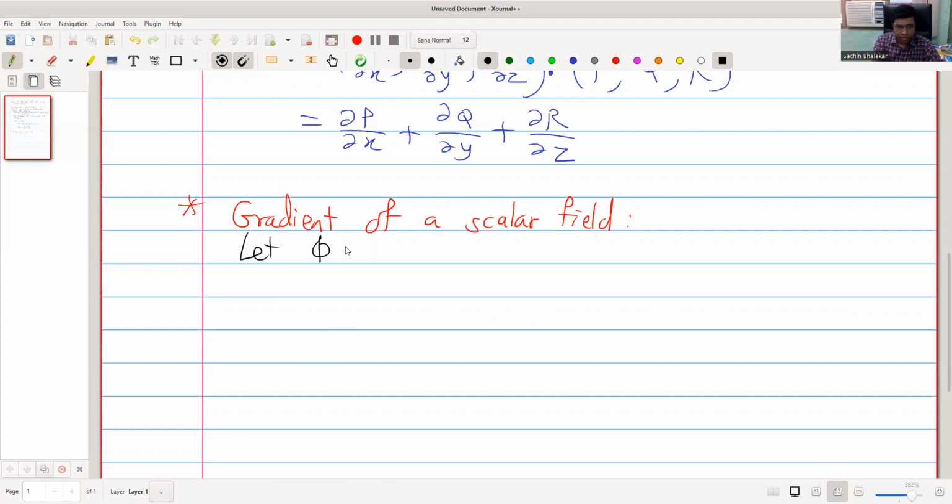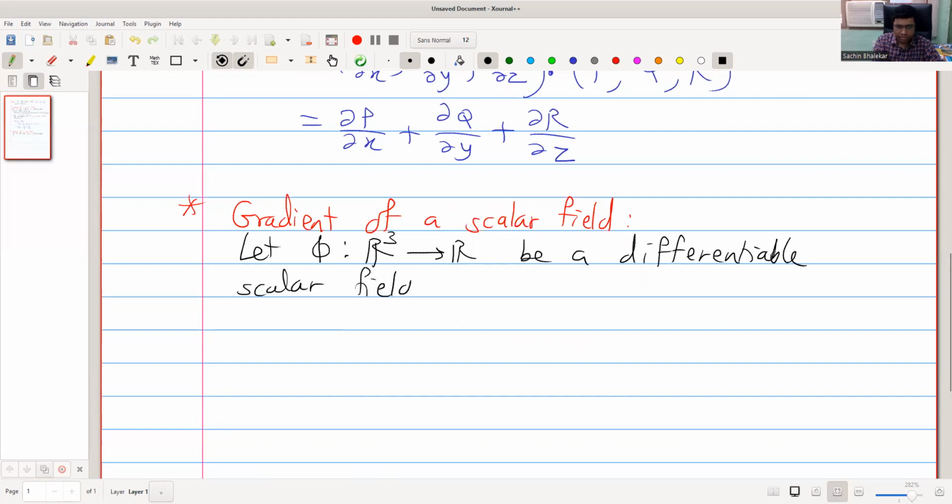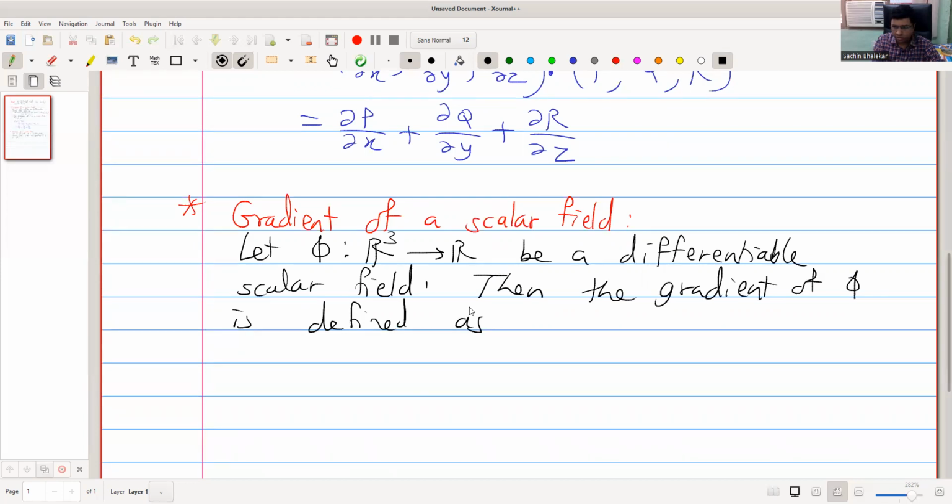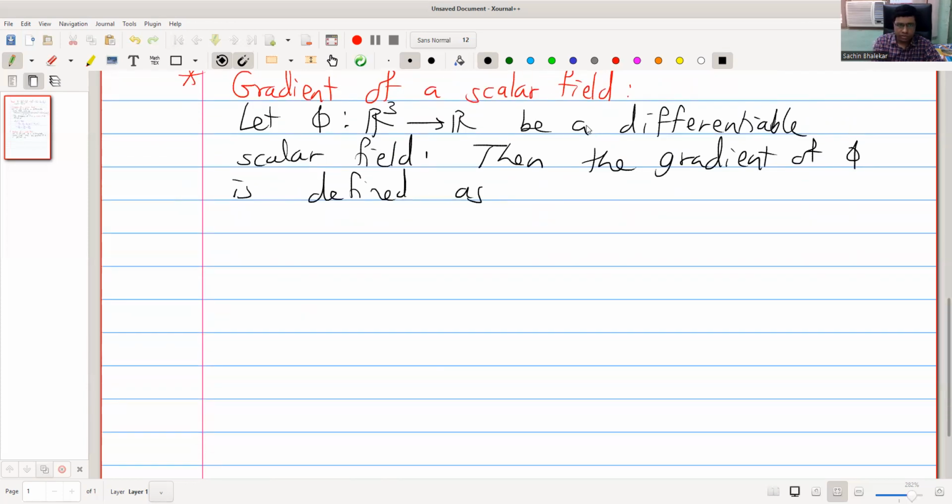Let phi from R3 to R be a differentiable scalar field, then the gradient of phi is defined as del phi.